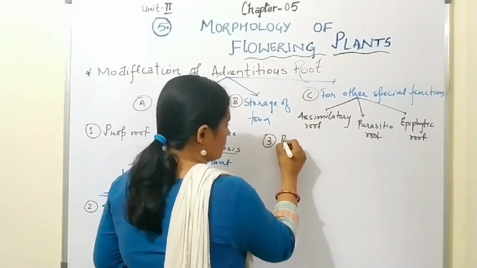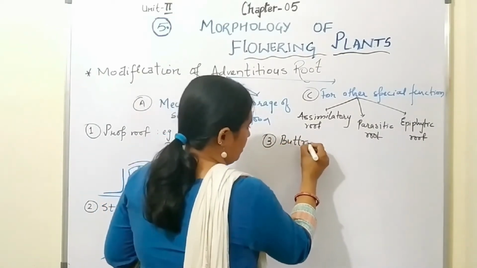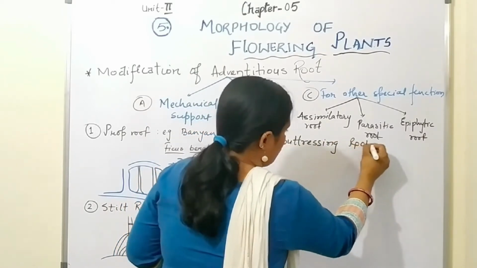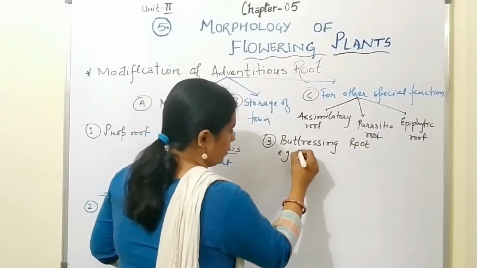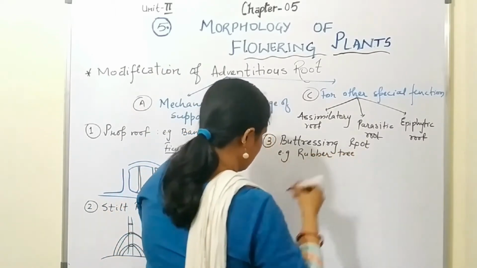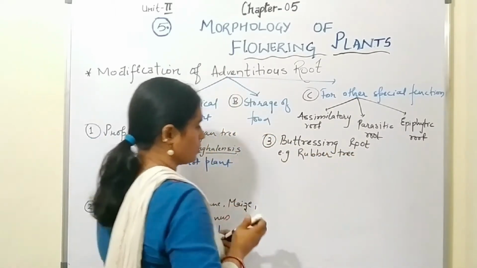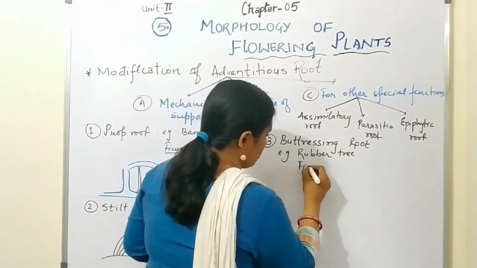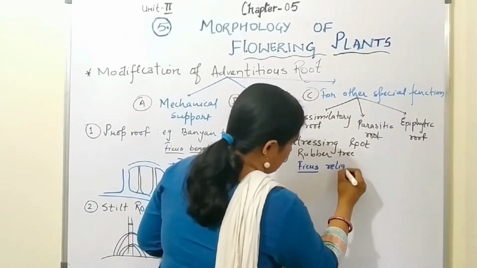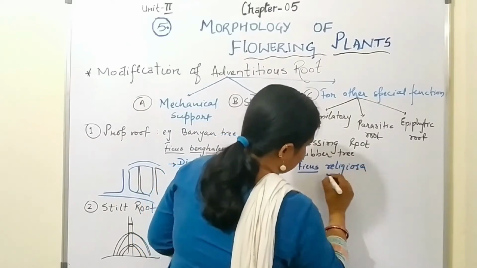Third type is buttressing root. You will see this root in rubber tree. Scientific name of this is Ficus religiosa.